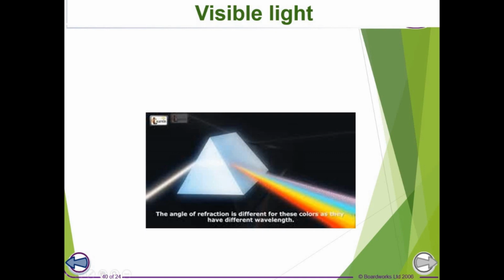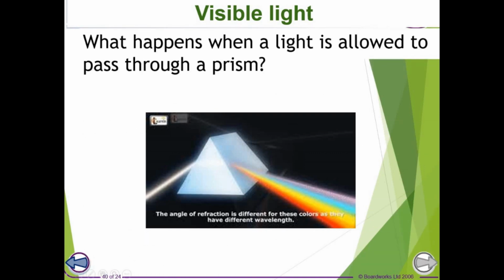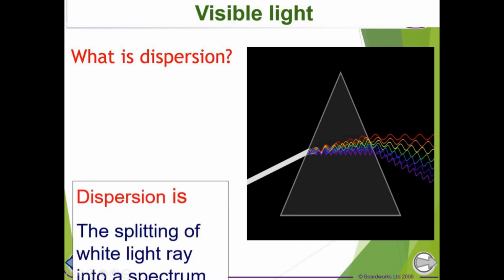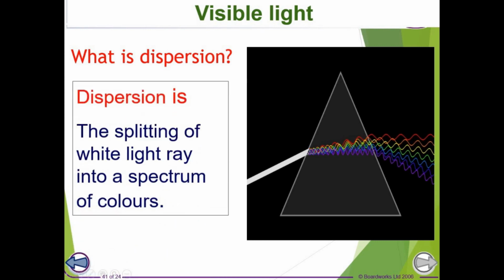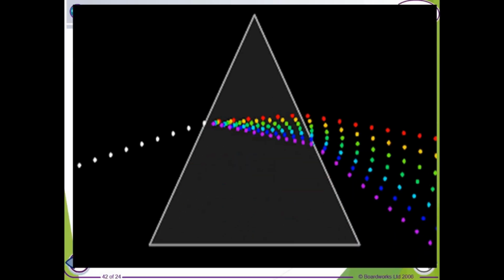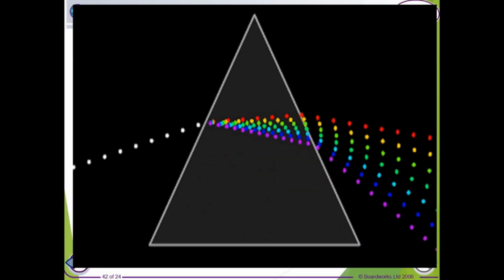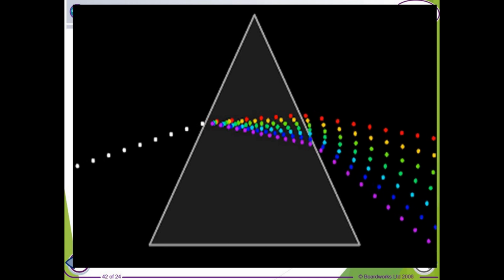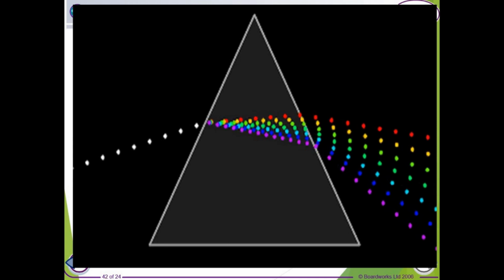What happens when a light is allowed to pass through a prism? It undergoes the process called dispersion. And what is dispersion? Dispersion is the splitting of white light ray into a spectrum of colors. Like this. Take a look at how the white light ray is dispersed into the spectrum of colors.